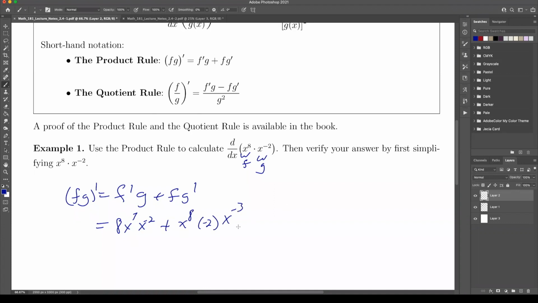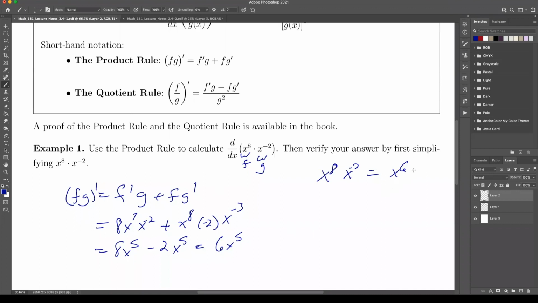So now we just simplify. So this equals 8x to the 5th minus 2x to the 5th, and that simplifies down to 6x to the 5th. Now let's do this the way you probably should do it. Here, if I do this, this is equal to x to the 6th.